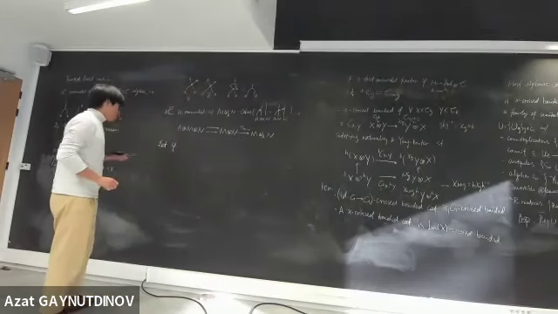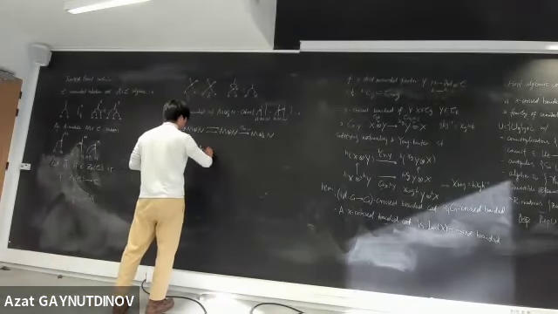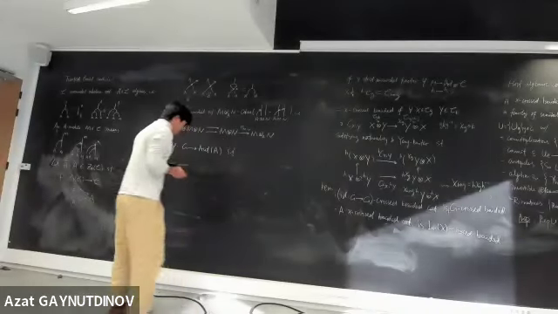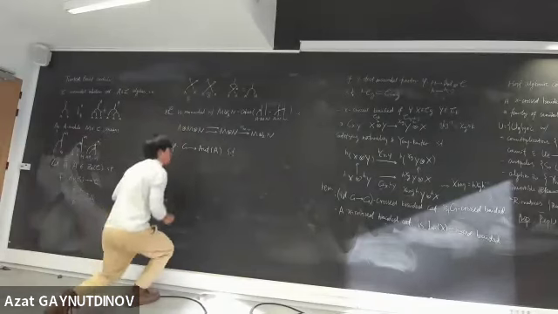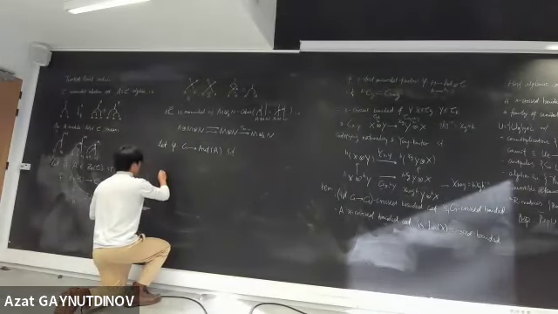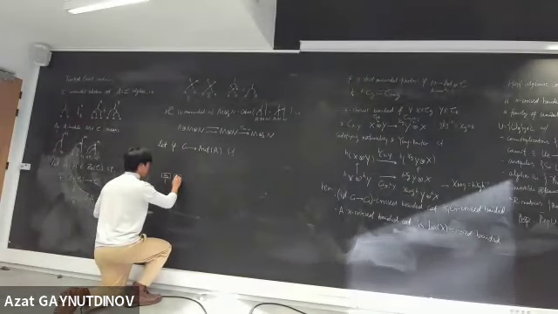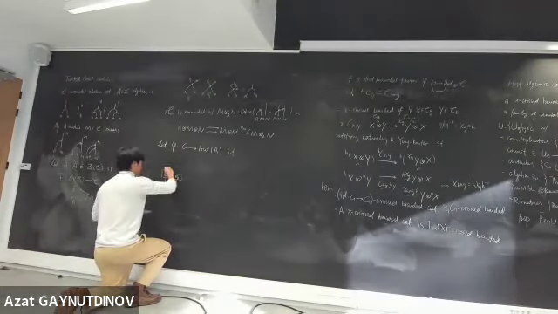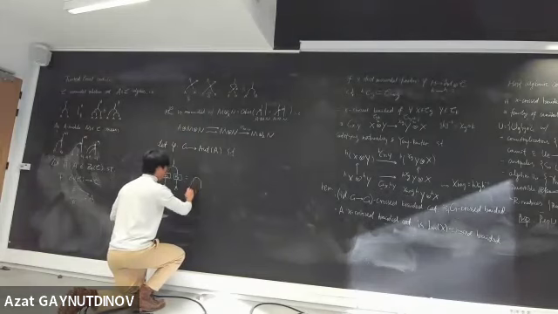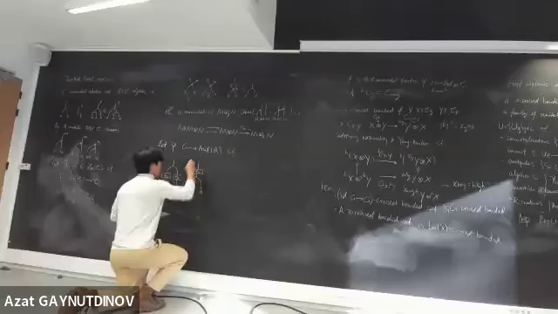And now let's consider a G action on A. And I want it to be an algebra automorphism, which means for any g, I can first do this, and it should be the same as first multiplication and then act.